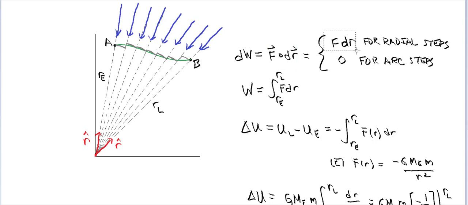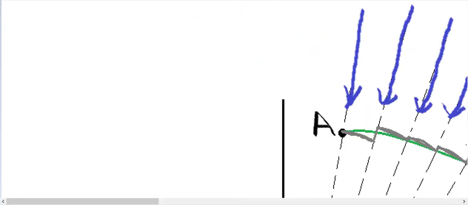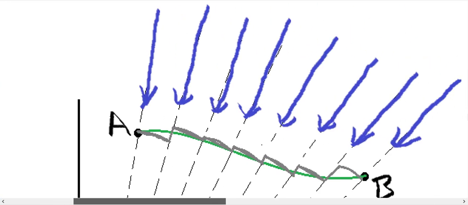F dot dr is going to equal F times dr for each of the radial steps. For each of the pieces that follows these dashed lines, the incremental bit of work done is just going to be F times dr.